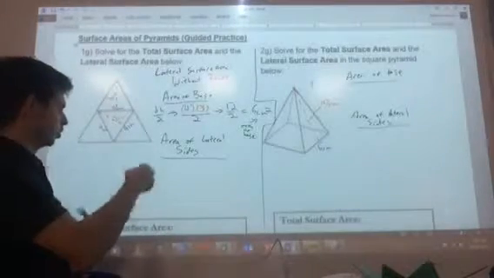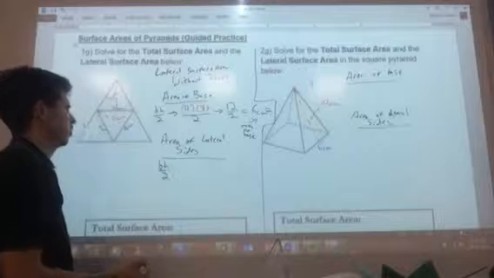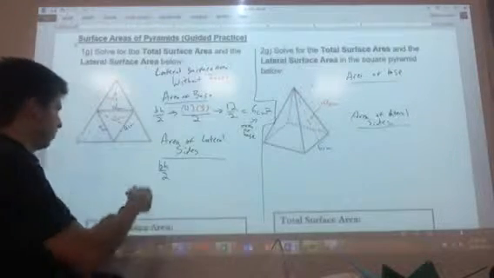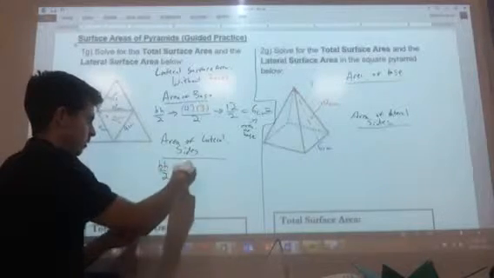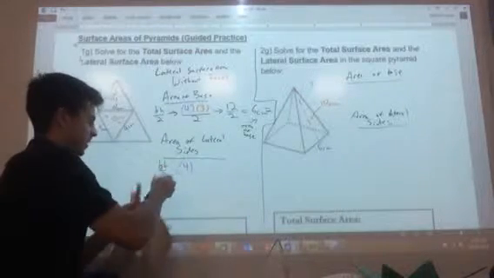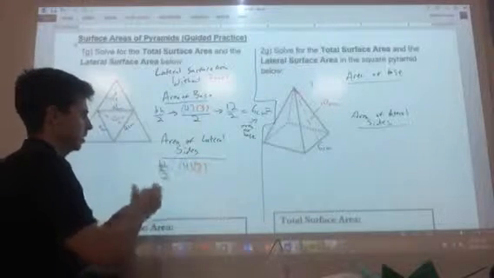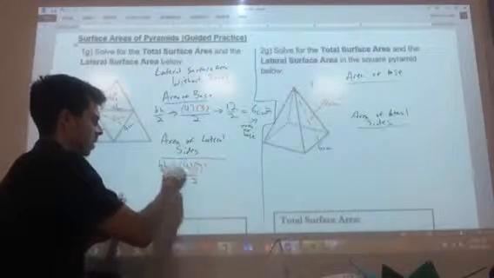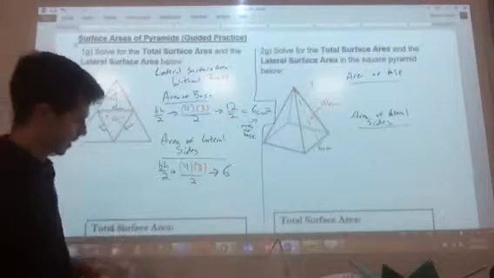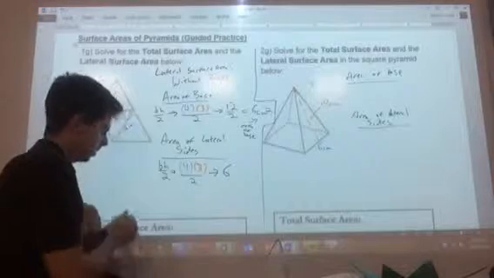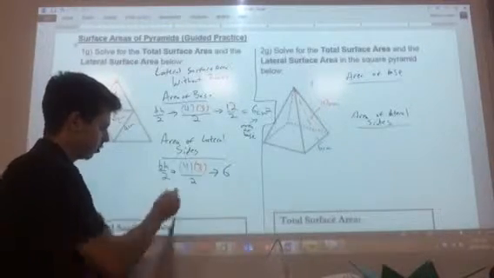So we'll figure out the area of 1: base times height, divided by 2. And the base is 4. The height is 3, and we're going to divide by 2, and we solved it up here, and that was 6, and we're going to multiply 6 times 3.